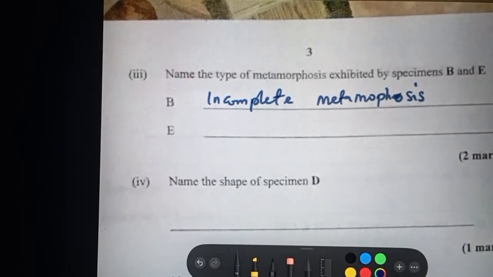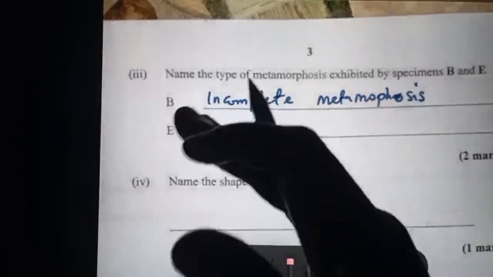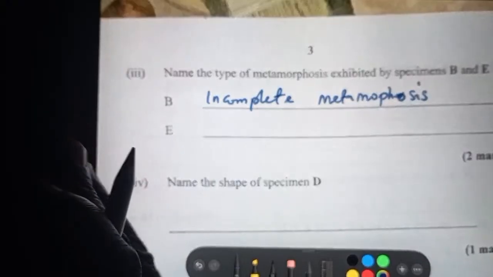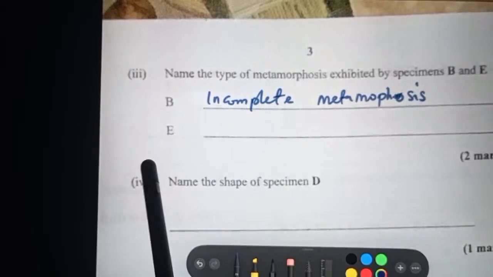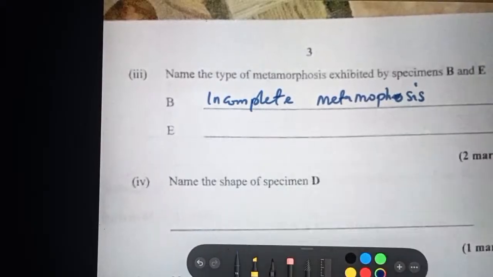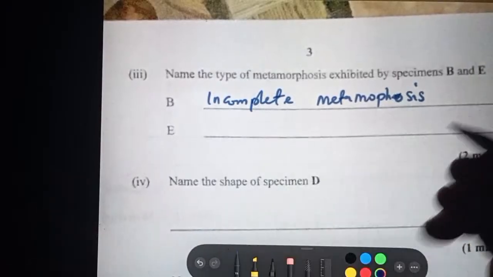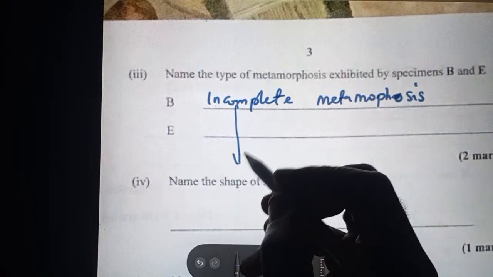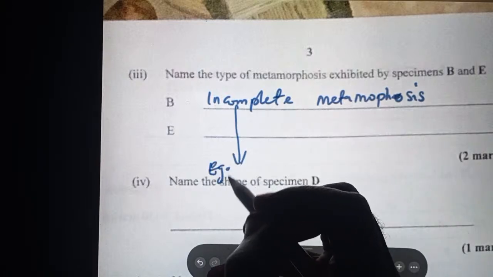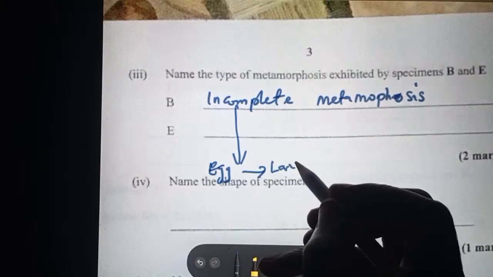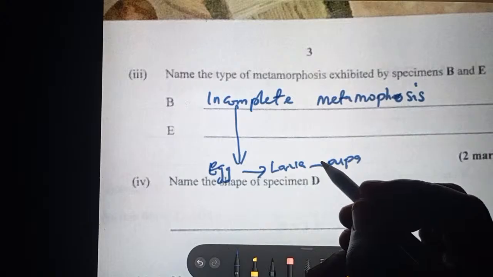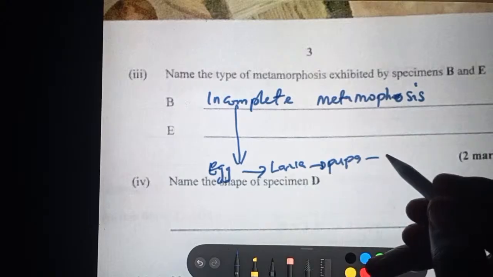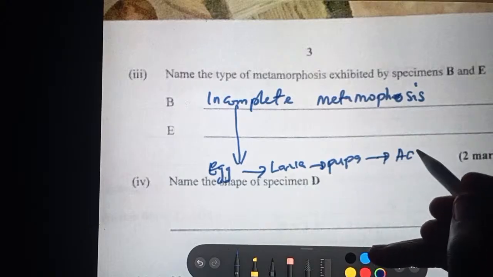Then maybe I wouldn't know what E is here, but remember this question paper is not the one you will see tomorrow or you see today, depending on when we are watching this. It's just a prototype. If E, for instance, is going incomplete, you write it also. But what is the sign of complete metamorphosis? When the organism develops from egg to larva, larva to pupa or imago, pupa is just the miniature version of the adult, then finally to adult.